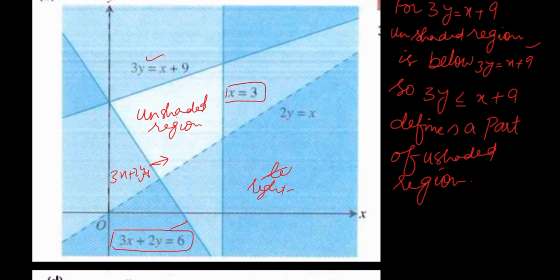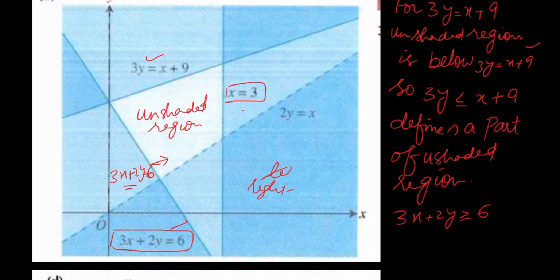As this equation consists of two variables x and y, in this case we will use the terms below and above. As the unshaded region is above this line, the associated inequality is 3x plus 2y greater than or equal to 6.